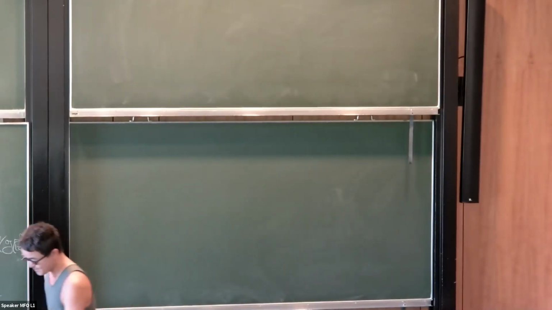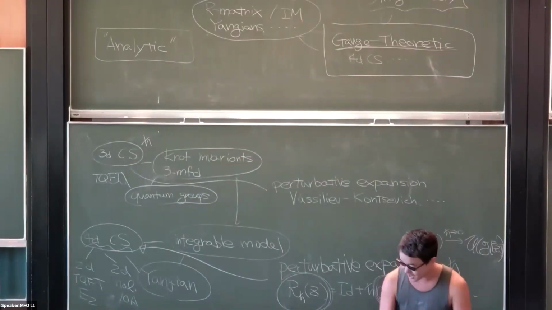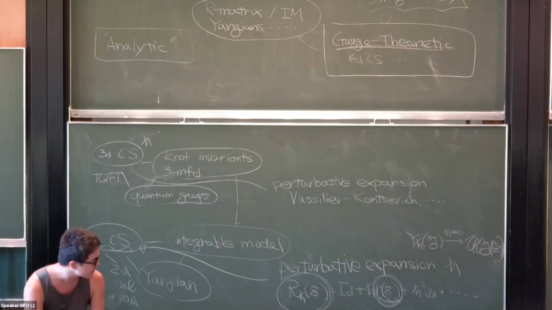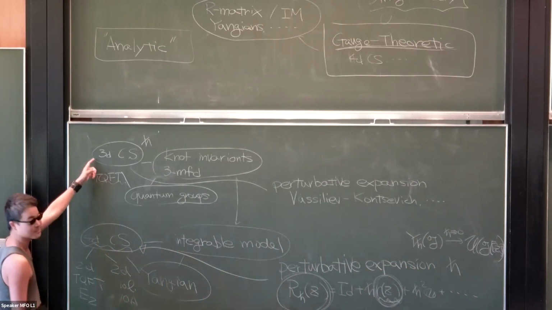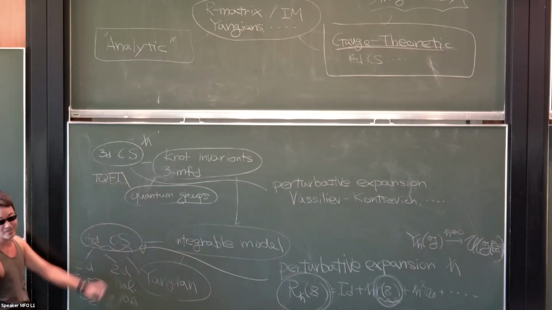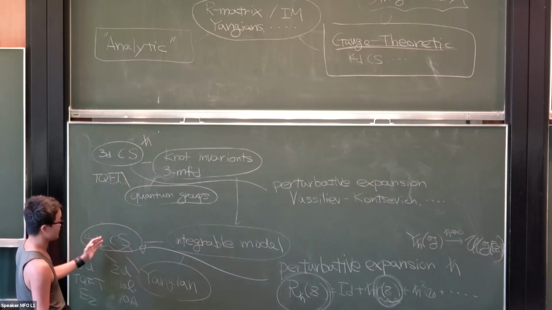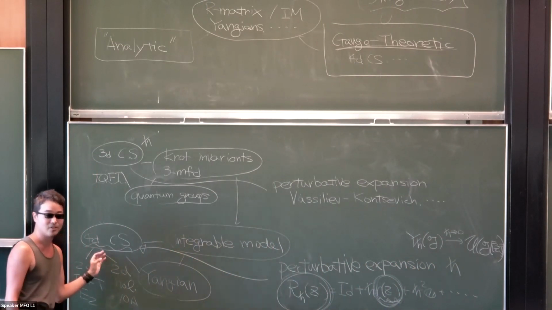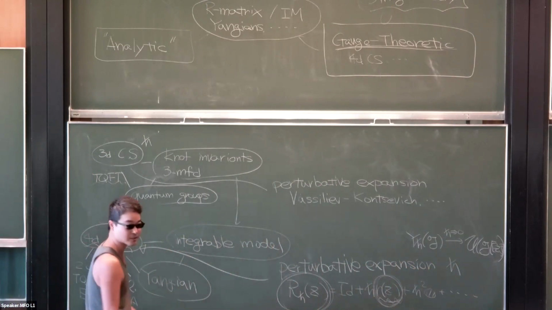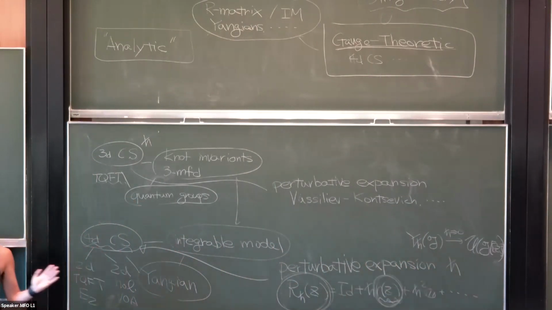So what I'm going to do is to try to do it slightly differently, by starting with 3D Chern-Simons. I'm going to explain some aspects of perturbative expansion in 3D Chern-Simons. Any questions so far?